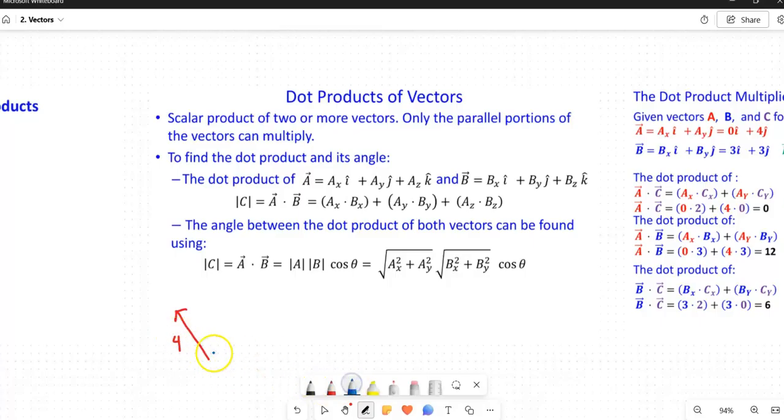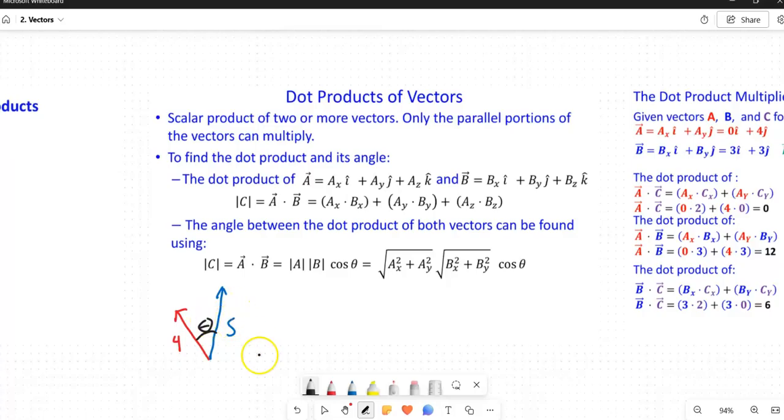And you had another vector which was 3. That doesn't look like 3. Let's make it a little bit longer. Let's call this 5. All right. And you wanted to figure out its direction. The best way to start is figuring out the angles in between them.